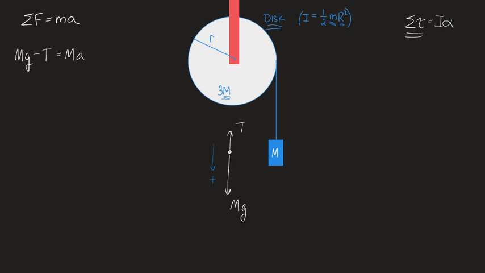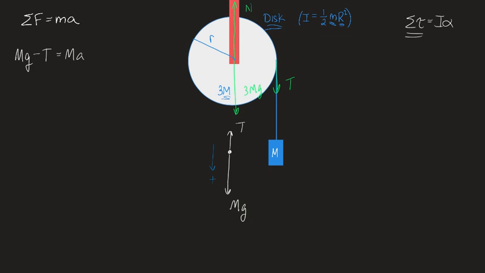You should. If you can't, then you should probably pay close attention, because there is downwards tension acting on the pulley. The pulley has weight, 3 mg. The pulley has some kind of normal force or something acting upwards to hold it in place.